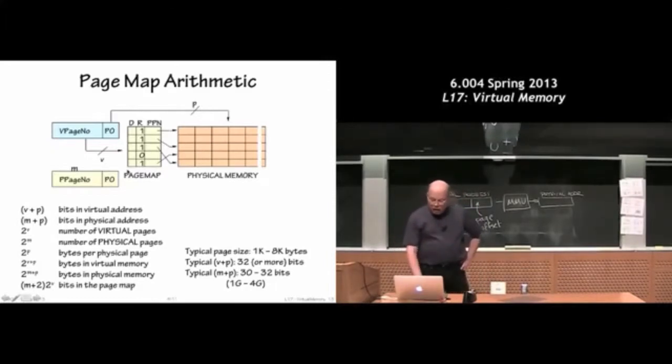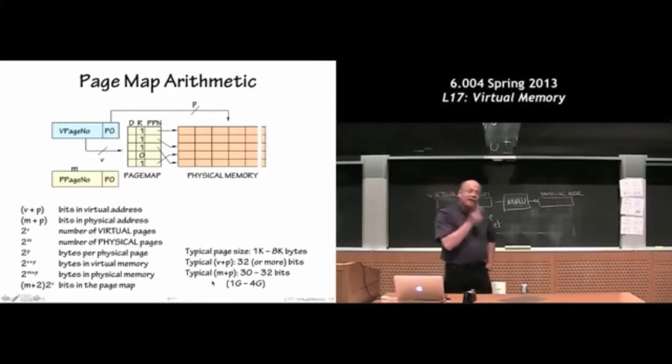Down here we talk a little bit about how, on the Beta and certainly on machines of the not too distant past, the entire virtual address was 32 bits. The physical addresses have been changing over time.